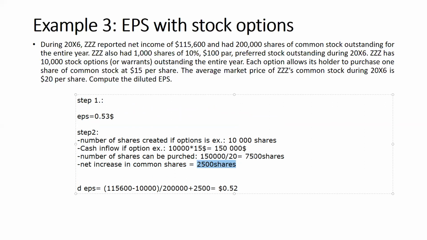Yeah, 10,000 minus 7,500. Let me put it in a bracket so that you can understand better. Okay, this is earnings per share, diluted one. This is the basic one.